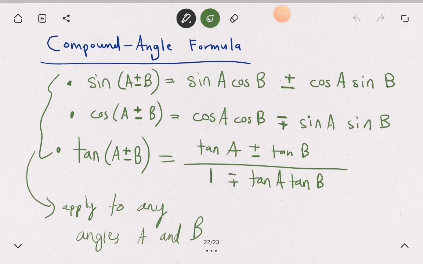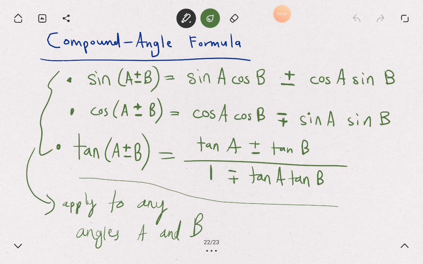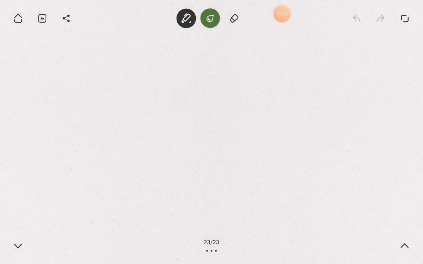Let's take the more tricky one, tangent. If I ask you to find tangent of 70 degrees, for example, or maybe let's take a better angle, tangent of 105 degrees. 105 is a bit tough, but we can break it up.